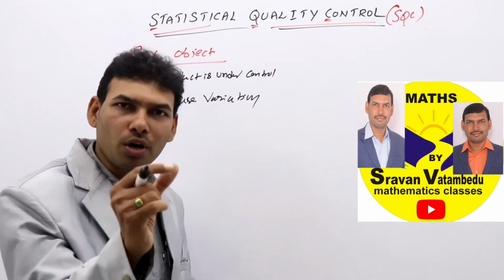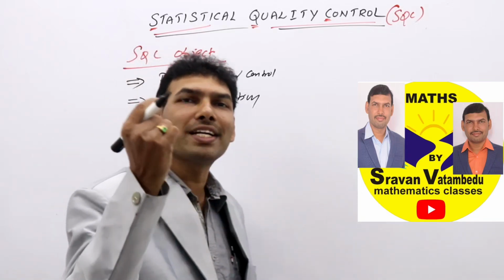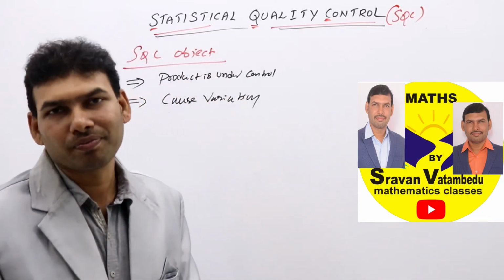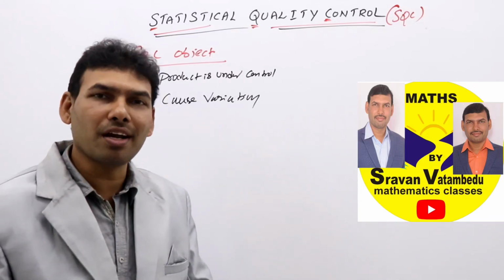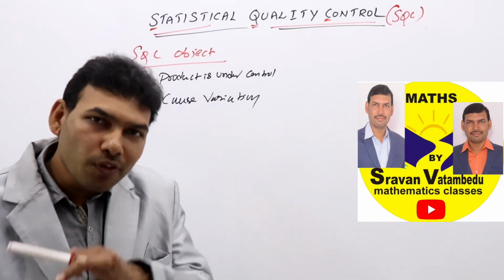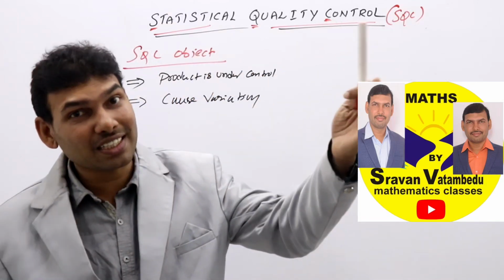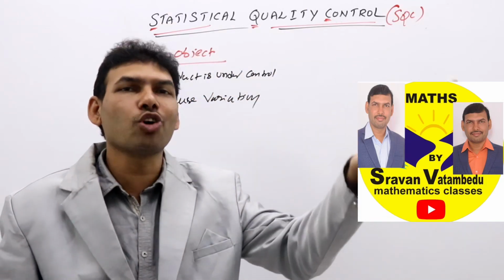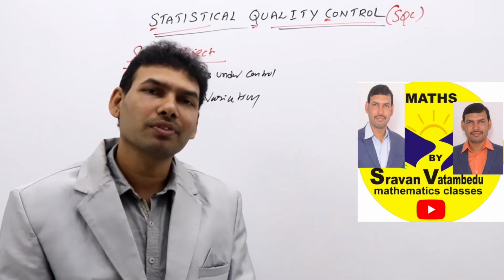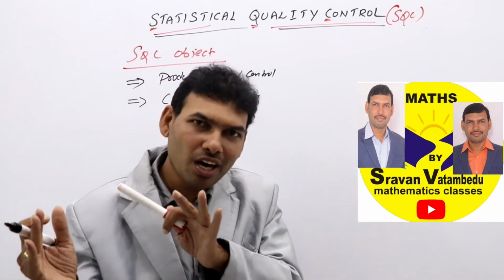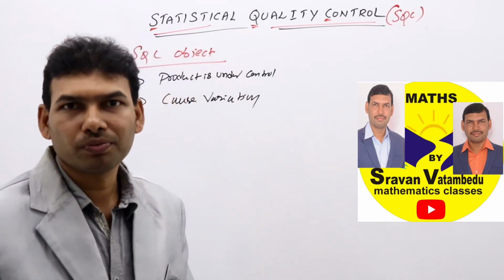After preparing that bolt, if you measure the diameter, it should be 0.7 centimeters. Whether it has that diameter or not, you are going to check. If it has, the process is under control. If it crosses 0.7, greater than or less than 0.7 bolt size, then the first stage of that bolt production is out of control.